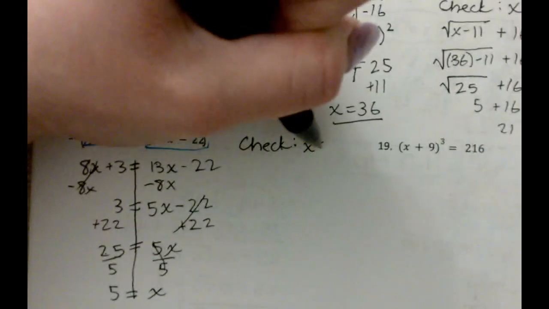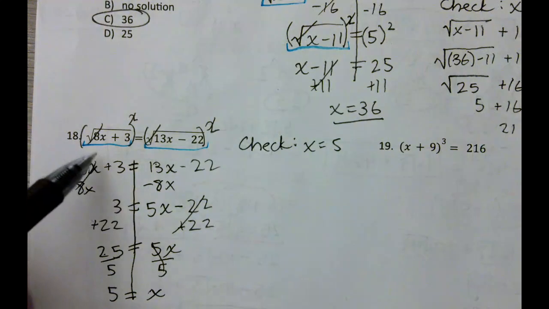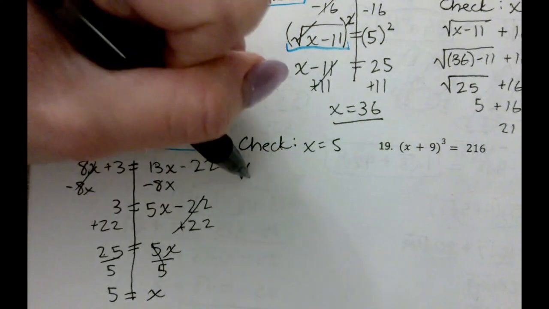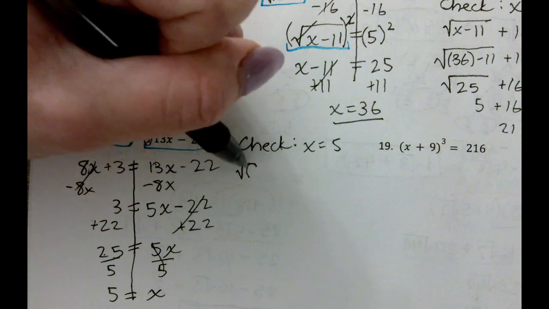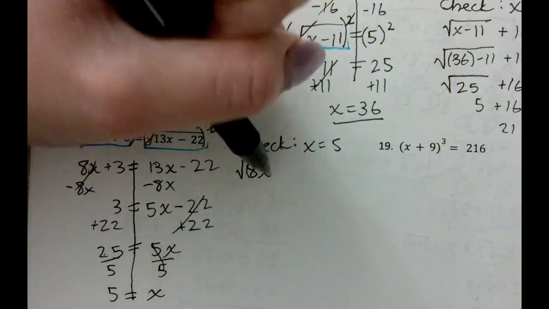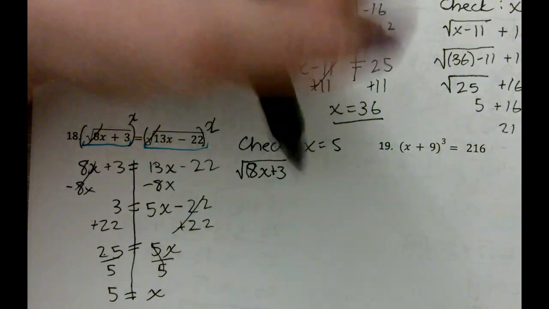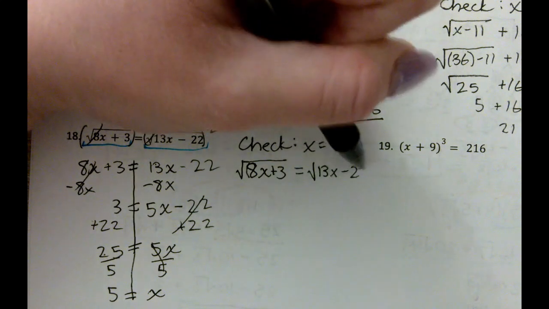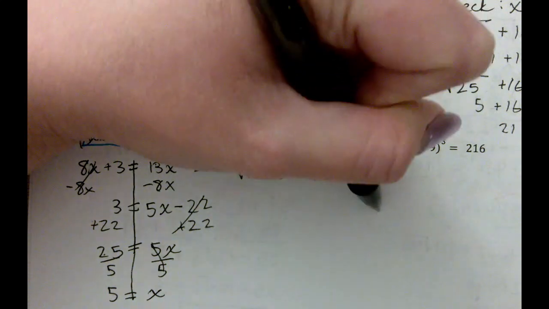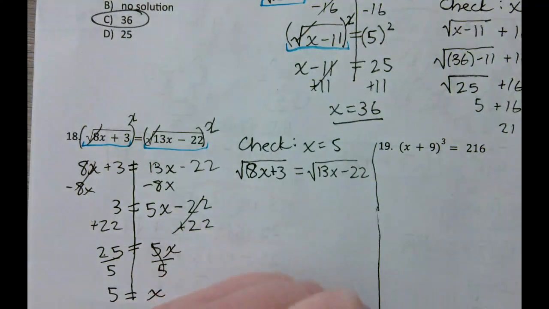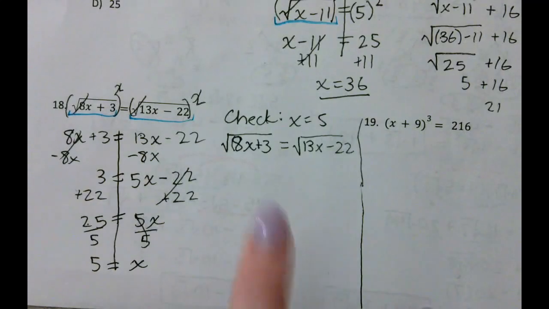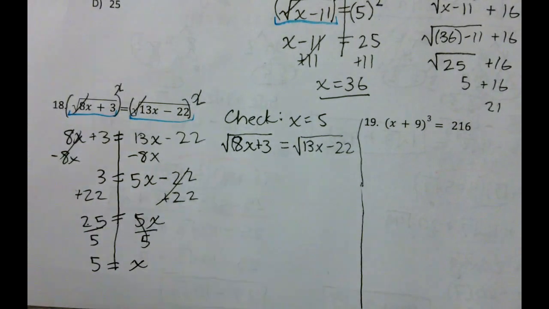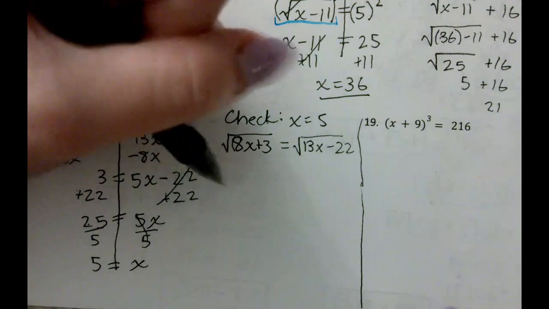Check, x equals 5. We're going to plug it into the original problem. Square root of 8x plus 3 equals the square root of 13x minus 22. Now remember, if you have multiple x's, you plug that in to all of the x's, not just one or the other.